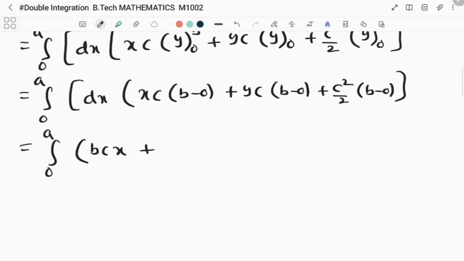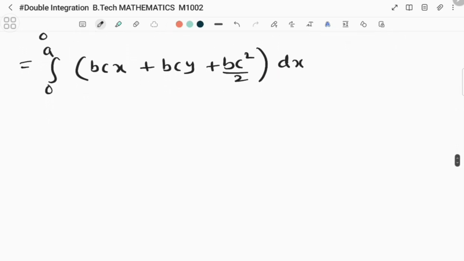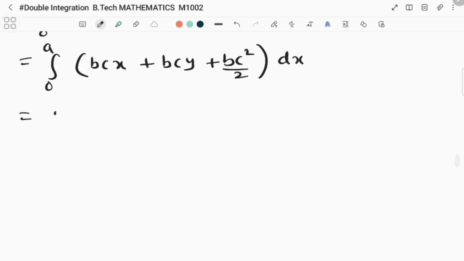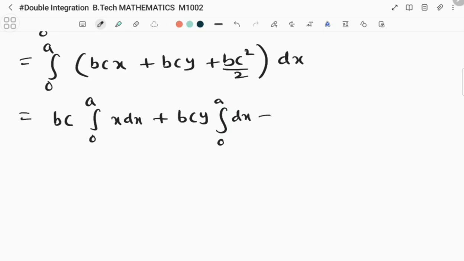So this is b square by 2 only will come. Yeah, here it is okay. Everything is good. Here also y won't come. b square by 2 only will come, and x as it is. So b square by 2 into a minus 0. Here bc square by 2 into a minus 0.